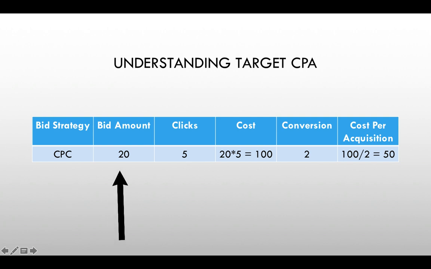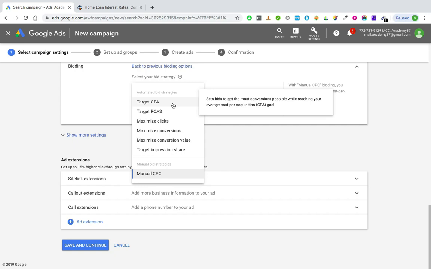So target CPA is not the actual metric, it is just a derived metric, right? It is for our calculation purpose. Even if you select cost per acquisition over here, you will still end up spending on click basis. When someone clicks on your ad, you will pay money to Google, not on acquisition or conversion basis.